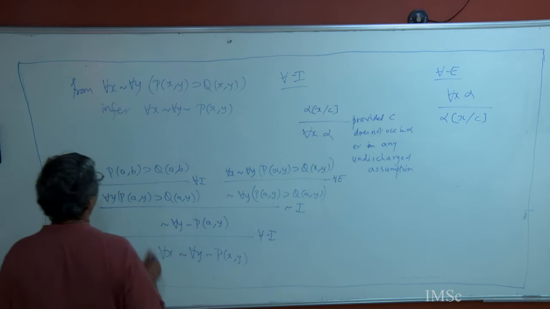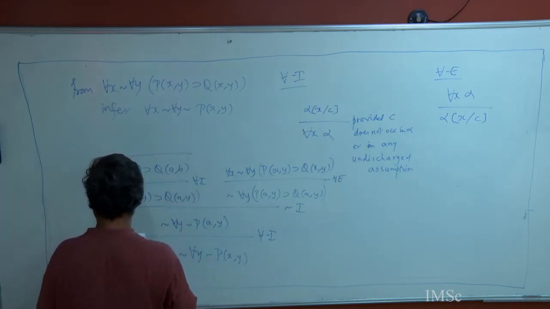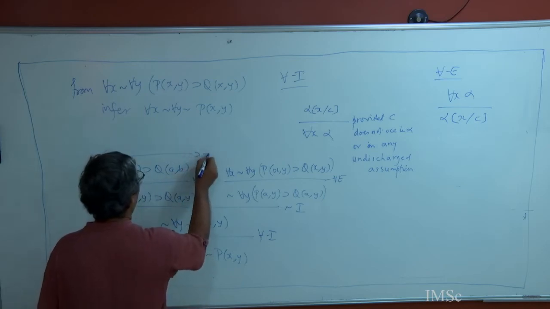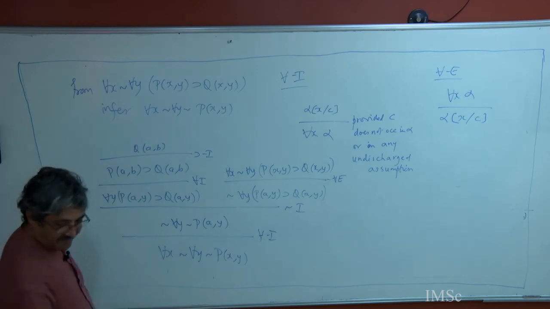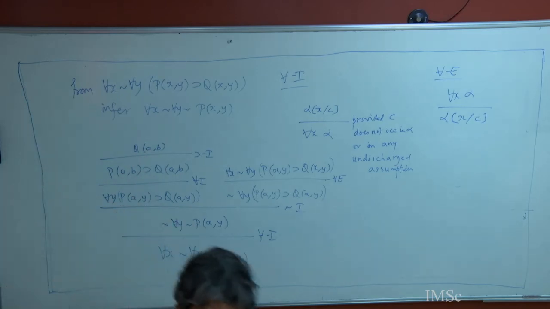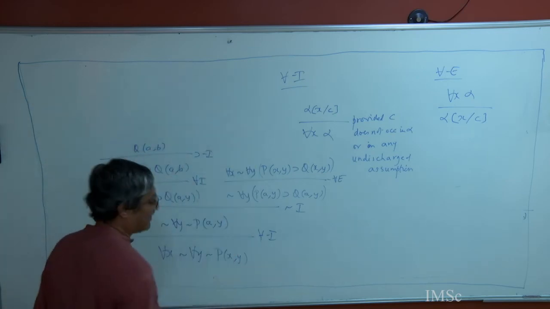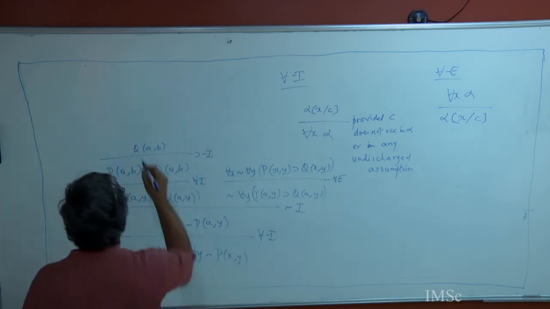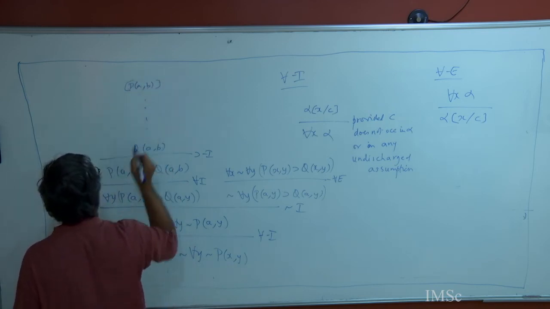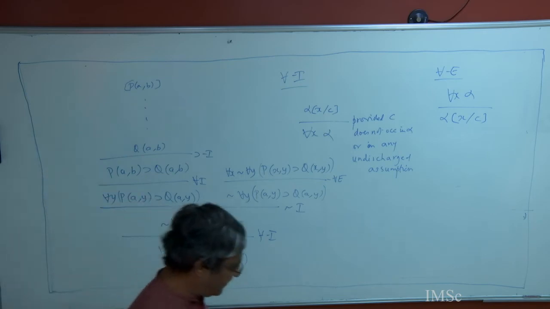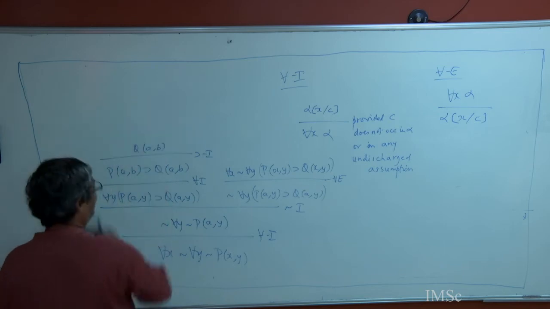And now I'll do an implication introduction. So P A B has to move up. This is the problem with natural deduction. I never know how to plan this. So somewhere I'll make an assumption P A B, and from that I have to get Q A B.